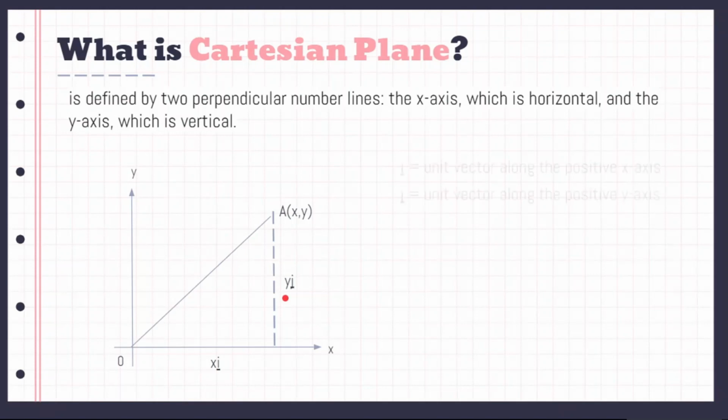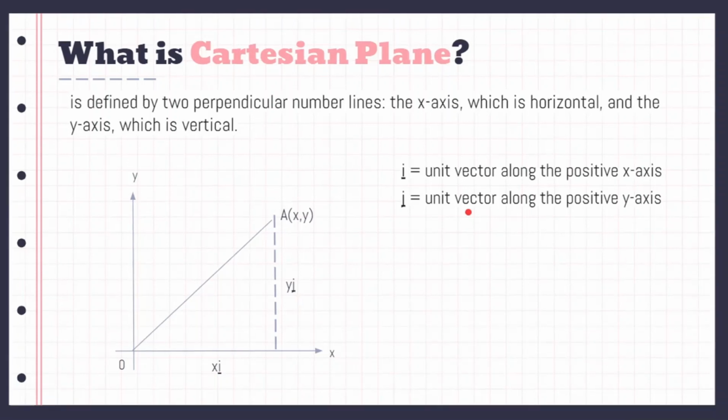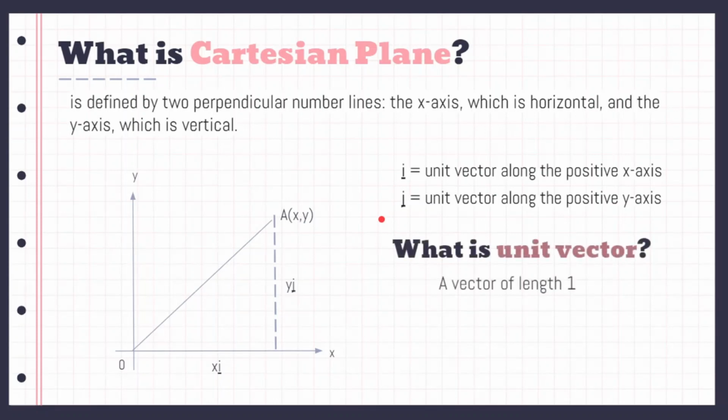So actually, vector i is the unit vector along the positive x-axis and j is the unit vector along the positive y-axis. How about the negative x and y-axis? We can actually express them by multiplying by negative 1 to get negative i and negative j. Take note that a vector of length 1 is named a unit vector.